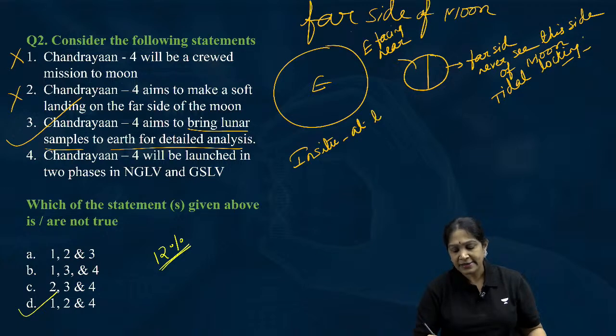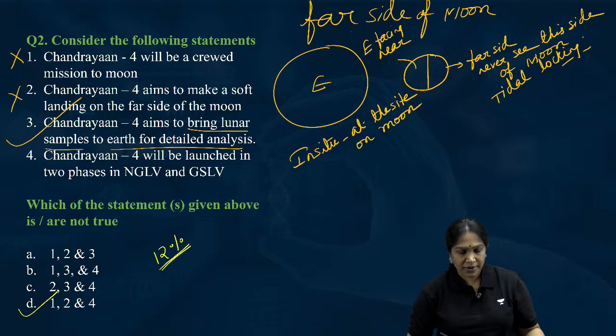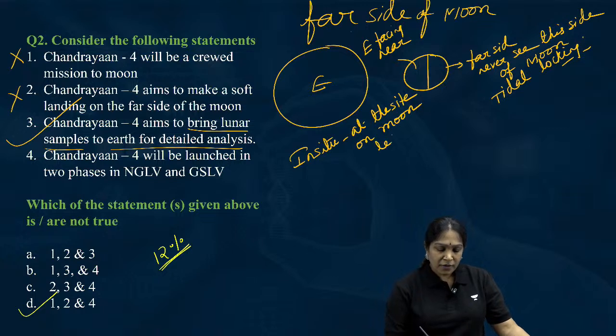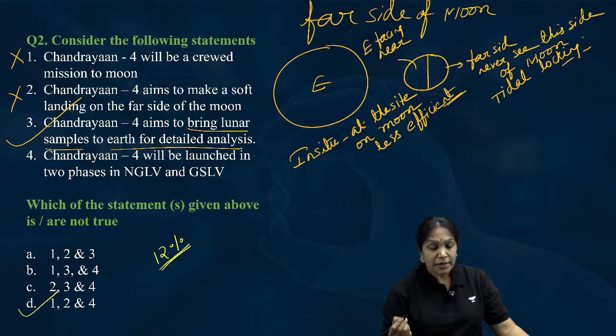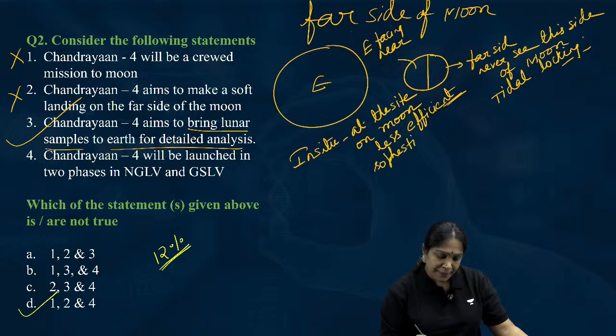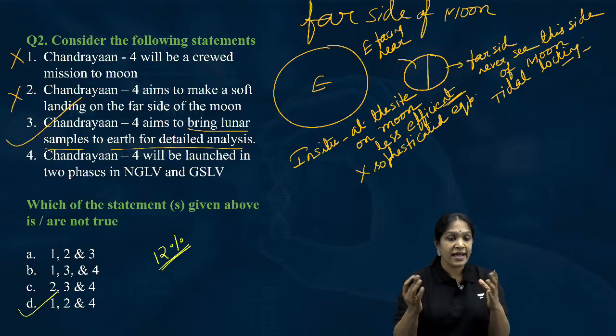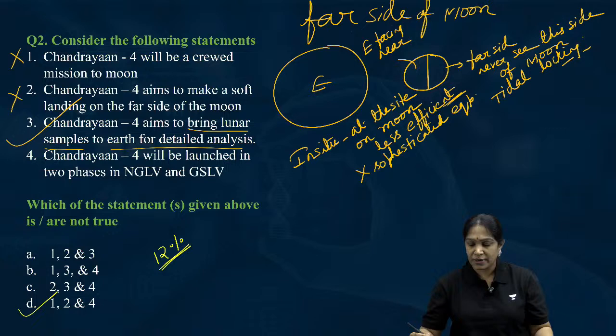It means at the site, on the moon. It will be less efficient. Do you agree? This will be less efficient because we do not have sophisticated equipment, and we cannot carry the total laboratory onto the moon.